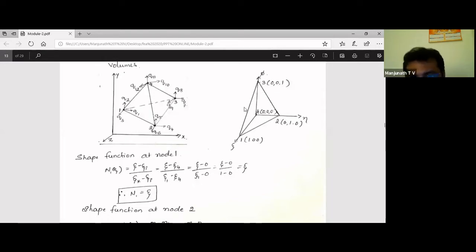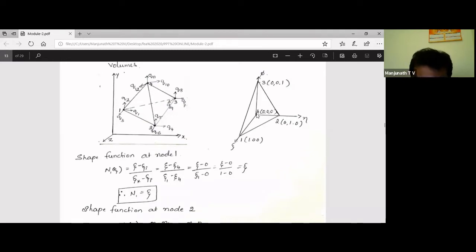All the elements are connected to one point, so from node number 4 we start giving the coordinate values of zeta, neta and psi. Consider this as the origin. At node number 4, zeta value, neta value and psi value are 0.